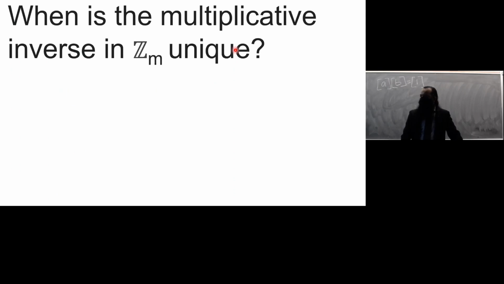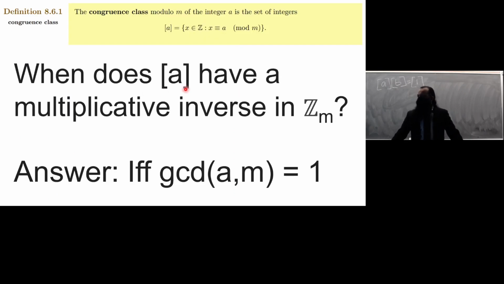Here we said, under what conditions does A have a multiplicative inverse? It's if the GCD of A and M equals 1. So if I'm working mod P, where P is a prime, then the GCD of A and P has to be 1, because it's a prime.